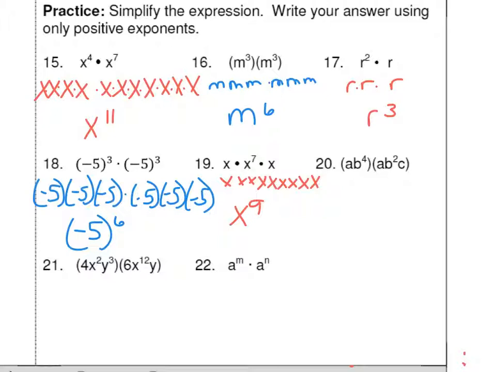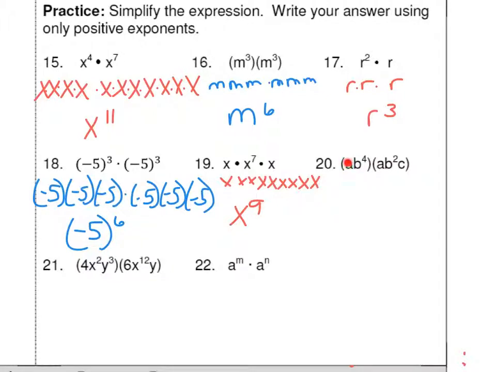Now, number 20. Number 20 sometimes confuses people when you start looking at the exponents. So we have this exponent of the fourth power. That is going to the b. The b is being raised to the fourth power, but the a does not have an exponent with it.